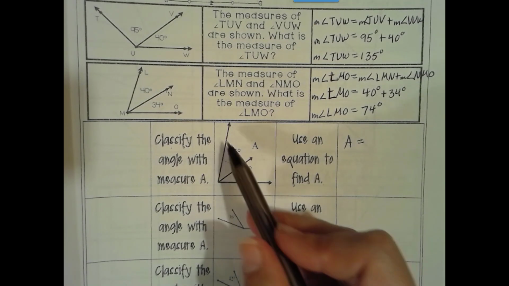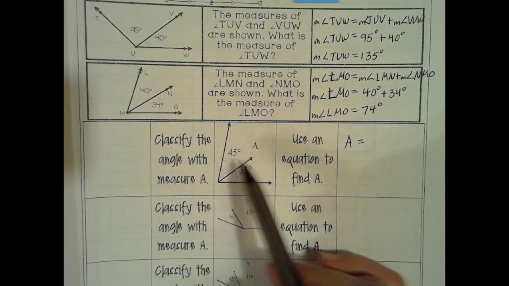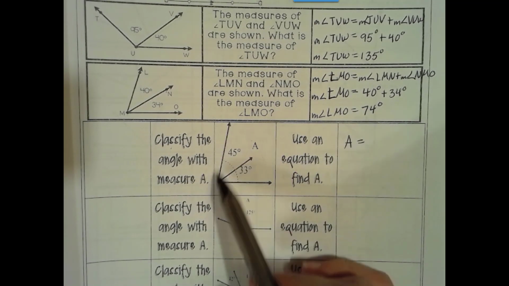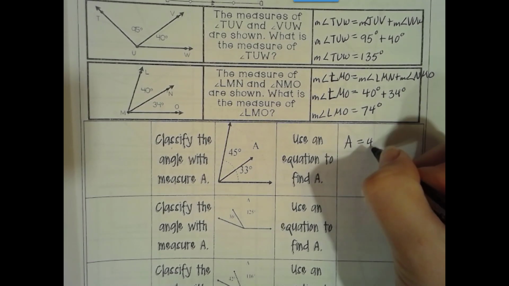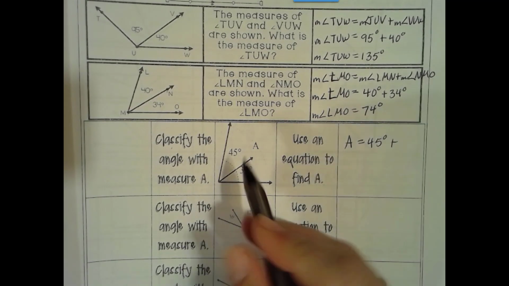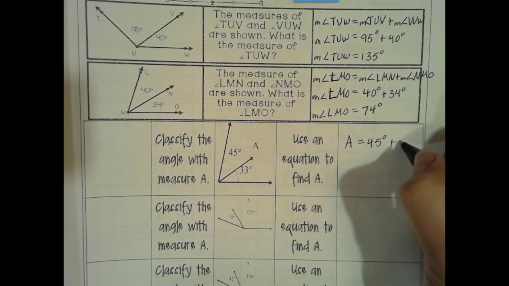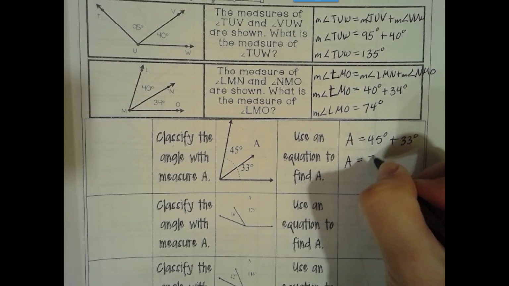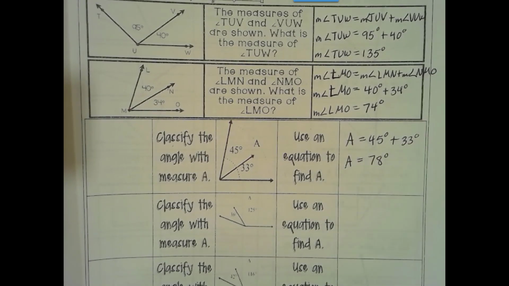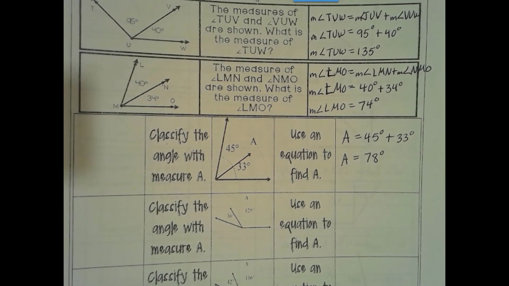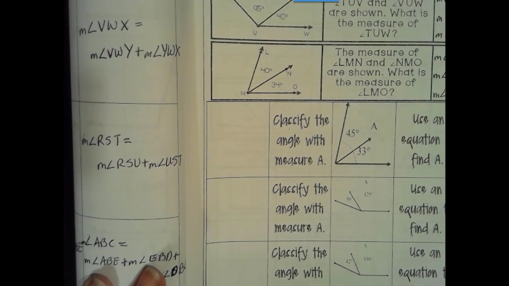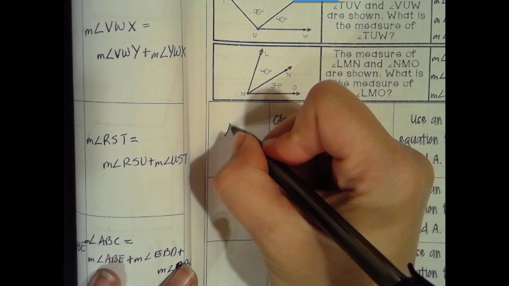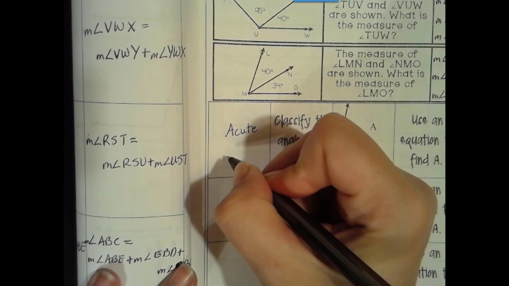I have no points, so I can't make an equation like this. But similarly, I have this smaller angle is 45 degrees, plus this smaller angle, which is 33 degrees. 45 plus 33 is 78 degrees. 78 is less than 90 degrees, so it is not a right angle. If it's less than 90 degrees, then it is an acute angle.